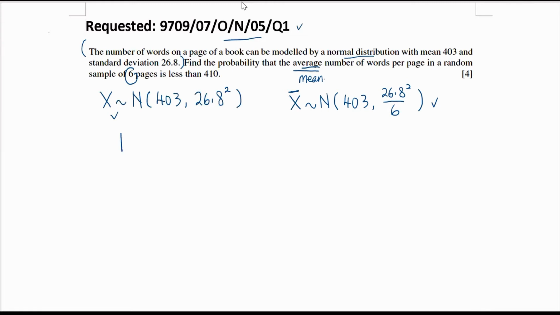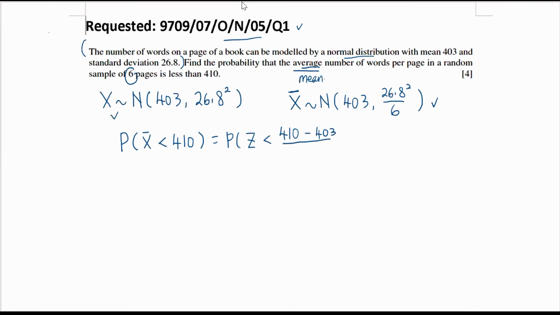To find the probability that the average number of words per page is less than 410, the first step is to carry out standardization. Take 410 minus the mean, divided by the standard deviation.